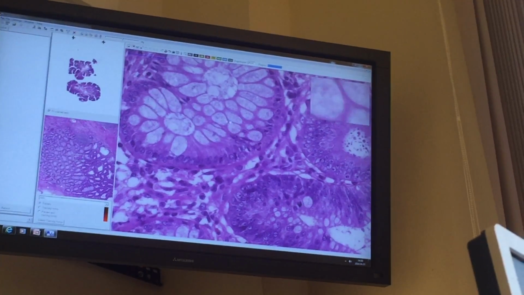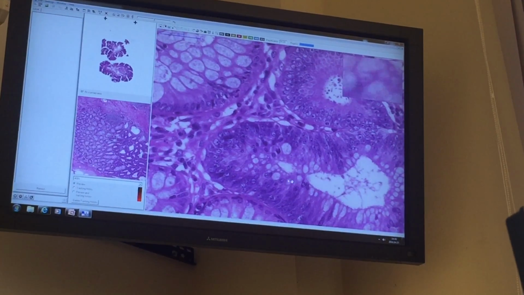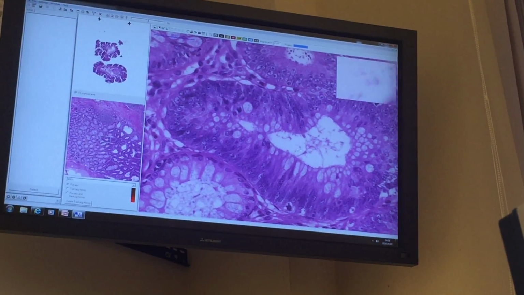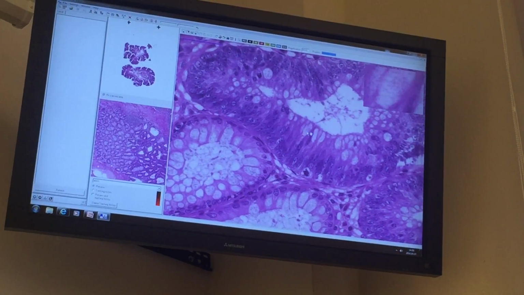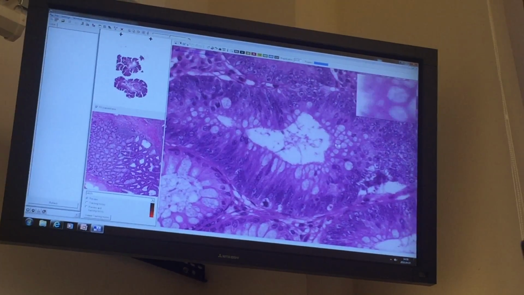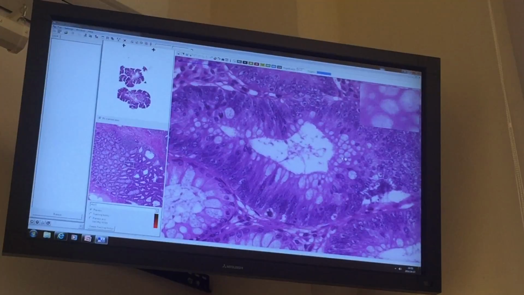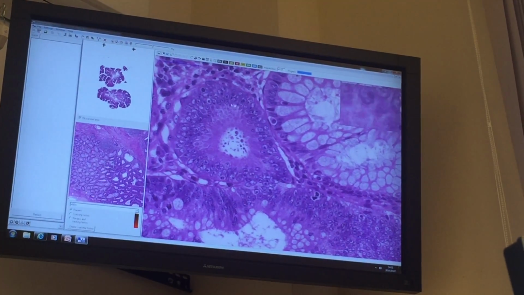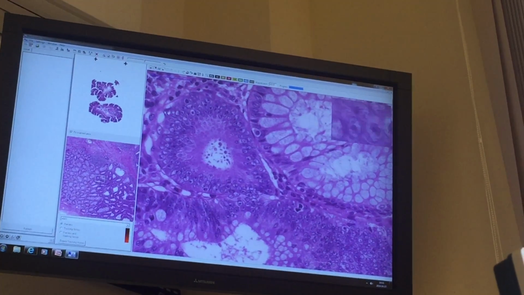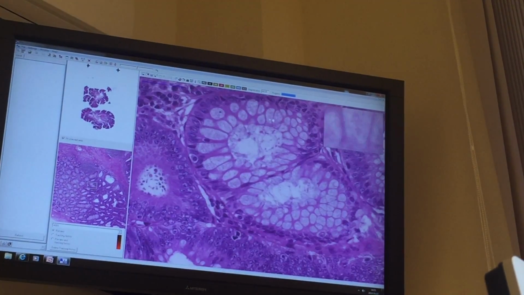You can see the goblet cells are fewer in this one, and they are not so normal because the upper parts are more tiny, even roundish shape, not oval shape. In this one you cannot see any. In this one you can see many.